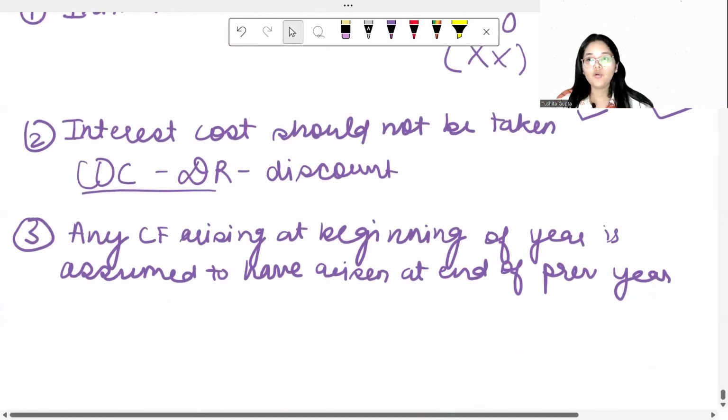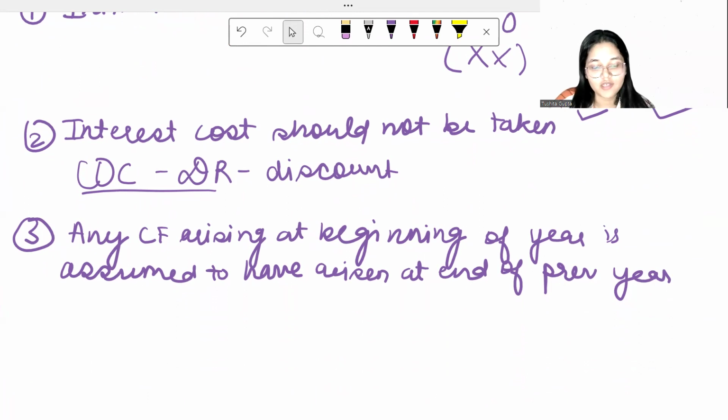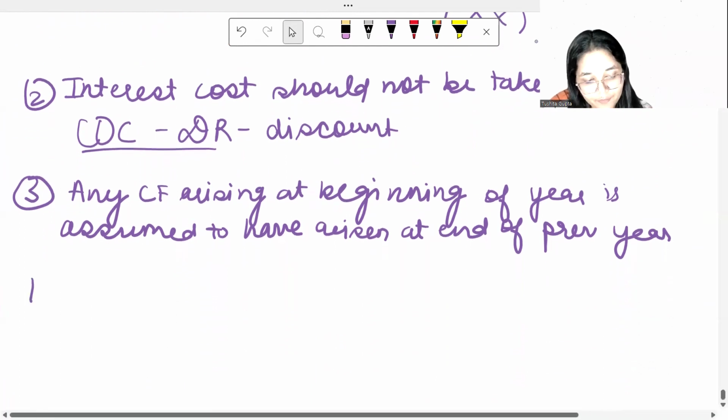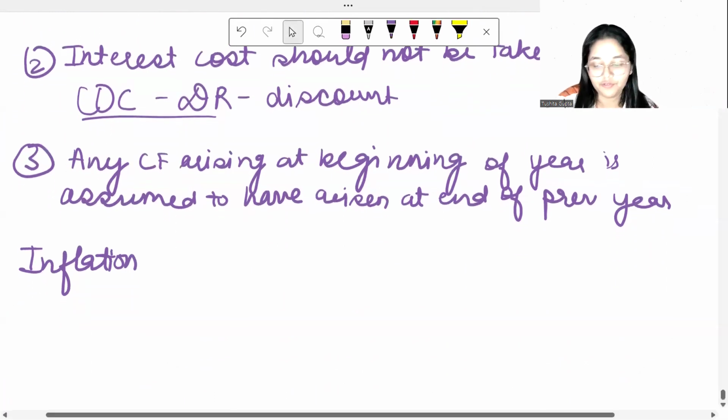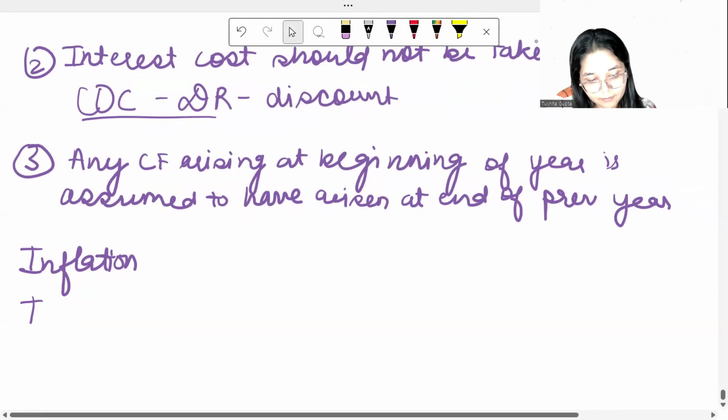Now, there are a few adjustments that you can possibly get in your exam. So what are these adjustments? Number one, you will have to account for inflation when it comes to your NPV calculation. So how are you going to account for inflation? There are basically two types.